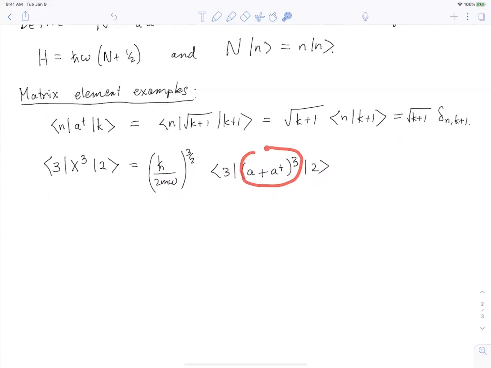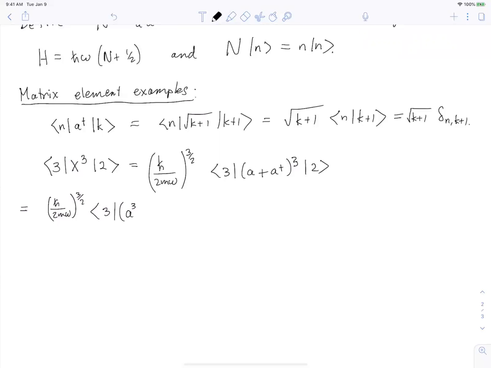And now we just have to multiply this thing out. When we multiply it out, the one thing to be careful of is to make sure that we keep the ordering correct. And so to do that, we'll write this as h bar over 2m omega to the 3/2, and then I'm just going to multiply the whole thing out.